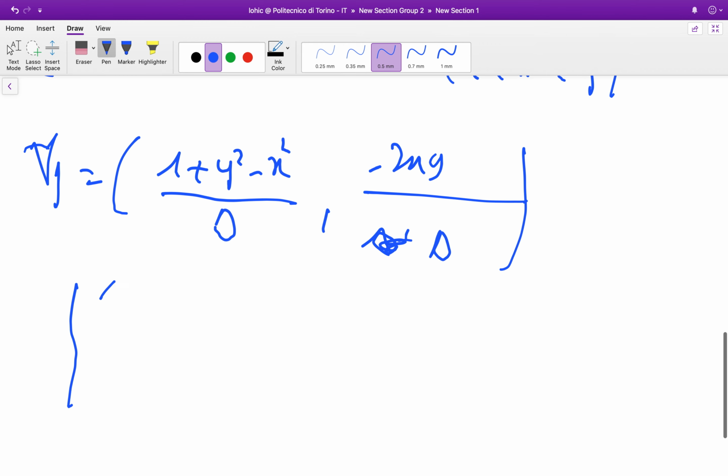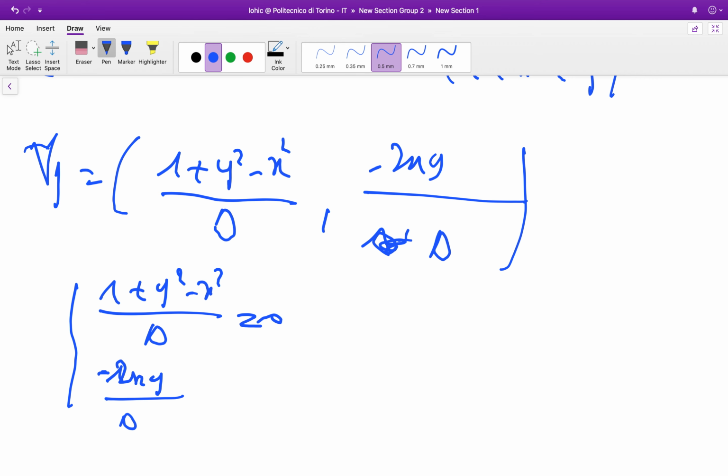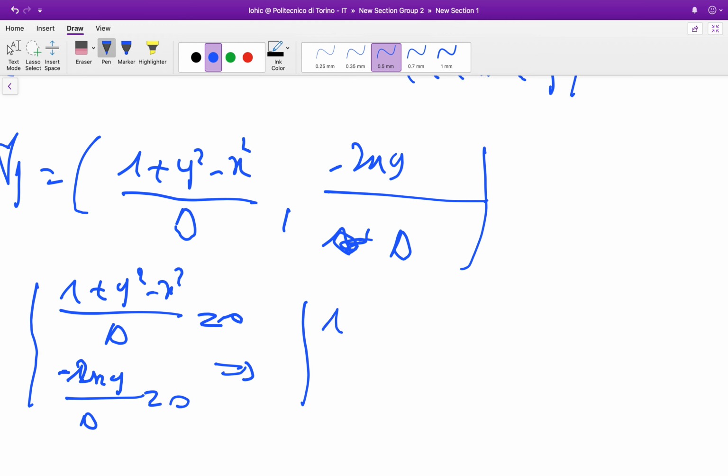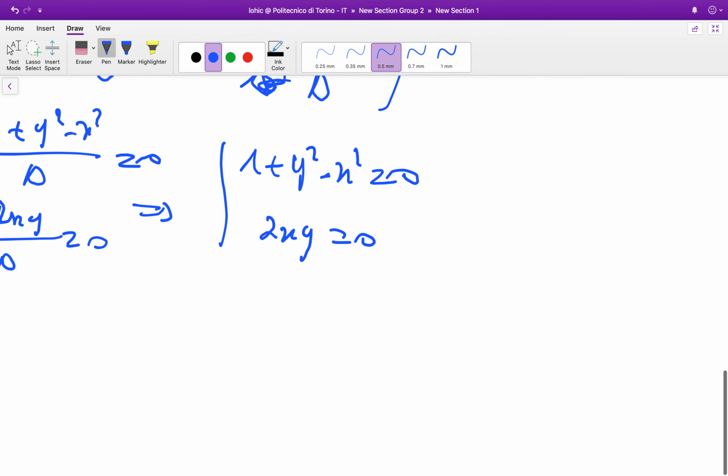So we have to solve 1 plus y squared minus x squared over d equal to 0, and minus 2xy over d equal to 0. But the denominator cannot be equal to 0, so we have 1 plus y squared minus x squared equal to 0, and minus 2xy equal to 0. That means 2xy equal to 0.